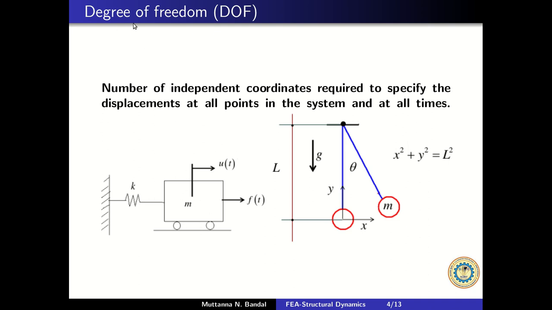So degrees of freedom help to understand the displacement as well as the velocity of the mass. When we define a velocity, the dynamics comes into the picture. So it becomes very important to understand the degrees of freedom of a system and then move further.